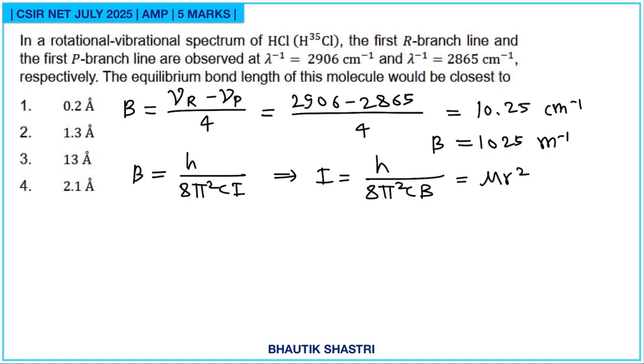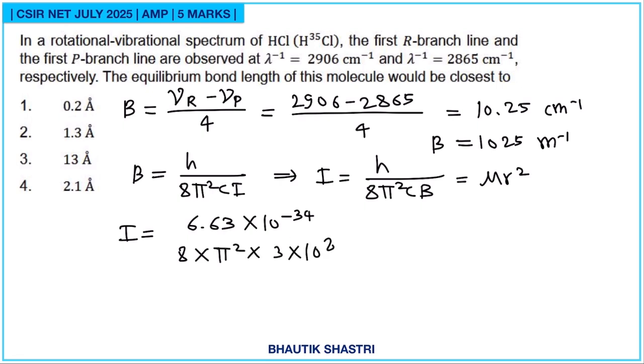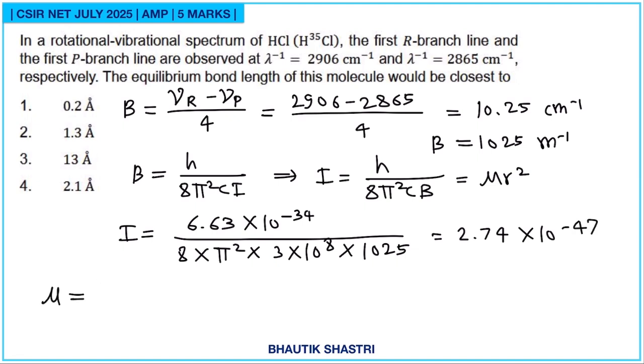So from here we can calculate I. So I is 6.63 into 10 to the power minus 34, upon 8 into pi square into 3 into 10 to the power 8 into 1025. So from here I is equal to 2.74 into 10 to the power minus 47.